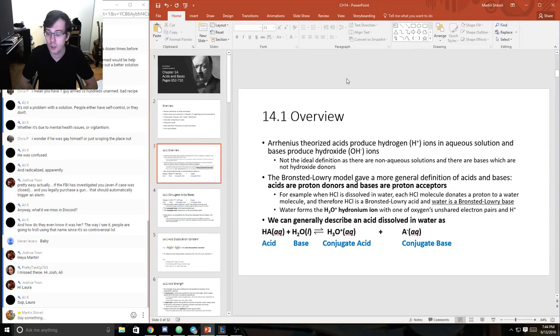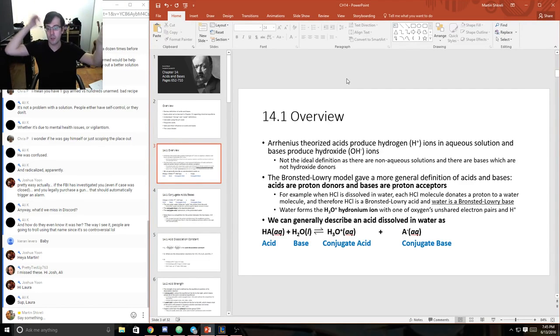So we look at hydrochloric acid, which is sort of our de facto definitive acid. When that's dissolved in water, each hydrochloric acid molecule donates a proton to the water molecule, and that's a little confusing, I think, to the amateur chemist. I think we all accept this idea that you have this hydrochloric acid, and it comes apart, it dissociates.